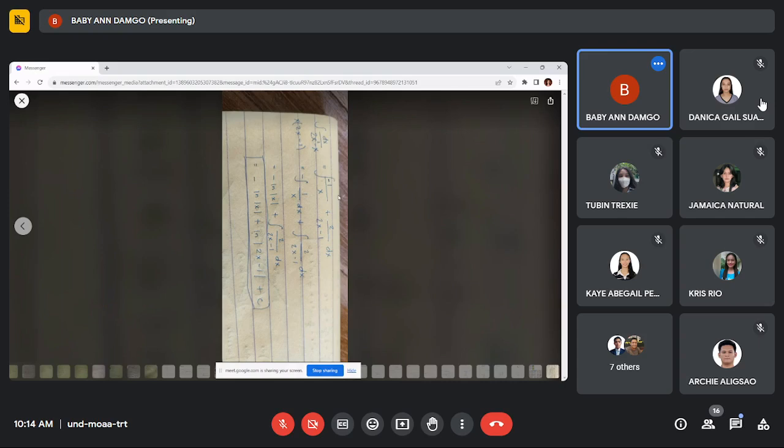Multiply both sides by its LCD, x times 2x minus 1. So we have 1 equal to a over x times the LCD, which is a times 2x minus 1, plus b over 2x minus 1 times its LCD, which gives x.